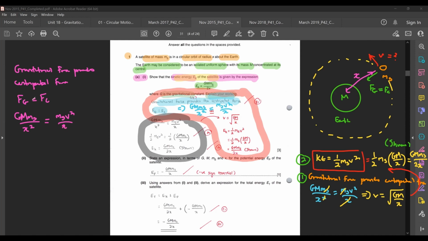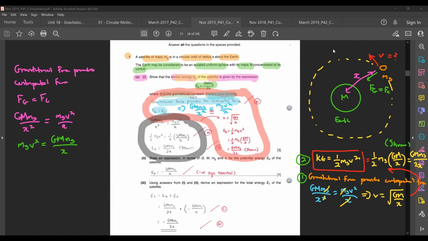Okay. So from here, what you try to do is that you do something like this. Let me simplify further. You try to rearrange this such that you get ms v squared equals GMms over x. Okay. So notice that this part of your equation is actually really close to your kinetic energy equation. You just need to multiply with half.